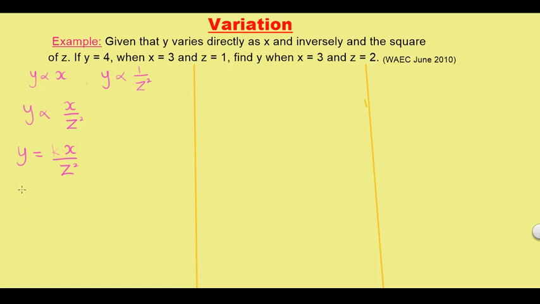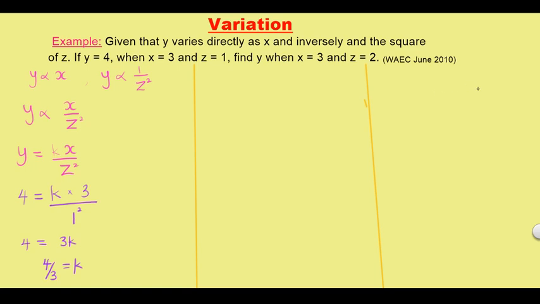When y is equal to 4, that will be 4 equals k, we don't know the value of k yet, multiplied by x, which is 3, divided by the square of z, that's 1 square, which becomes 4 equals k multiplied by 3, that's 3k. 1 raised to power 2 is 1, so it's 3k divided by 1, which is the same thing as 3k. From here we can say 4 over 3 equals k.